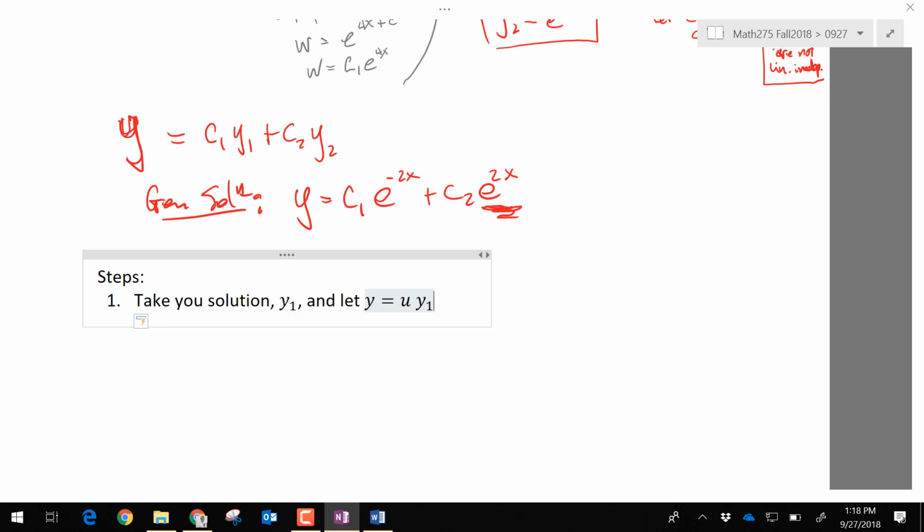Right. This is only going to work for second order. After that, we're going to substitute y into the differential equation.